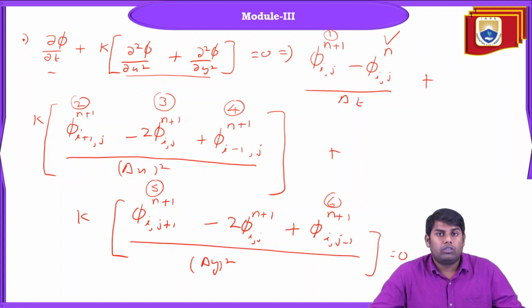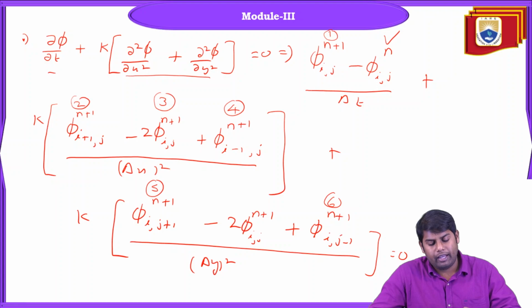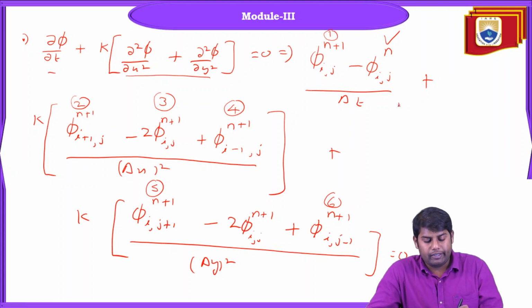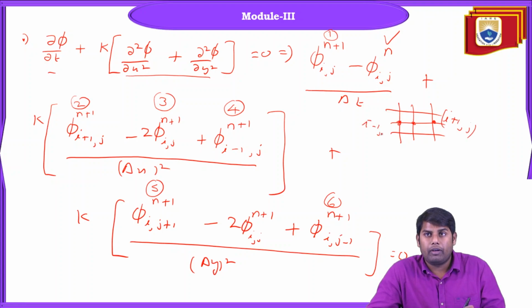So to solve these equations, we have calculated at the i comma j location, that is equation 1. If we take the grid, this is the location of i comma j, this is the location of i plus 1 comma j, and this is i minus 1 comma j.